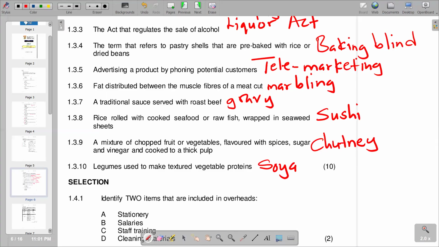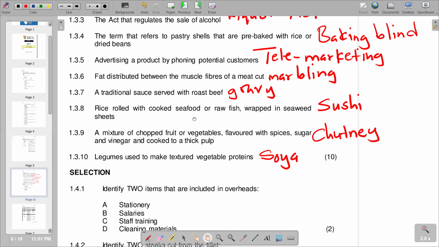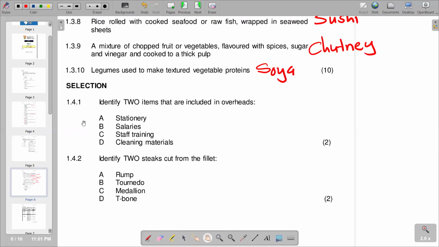And then we go on and see, according to 1.4.1, identify 2 items that are included in overheads. And remember, overhead expenses. When I talk about overheads, it's an ongoing expense of operating a business. So they are expenditures which cannot be conveniently traced to or identified with any particular revenue unit.